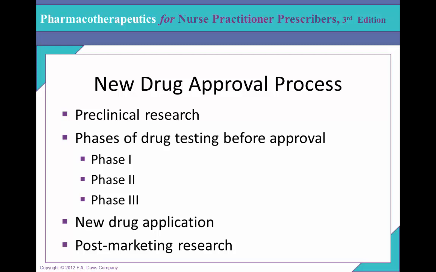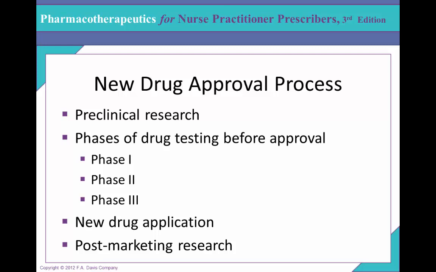If high levels of toxicity are expected, such as in many cancer drugs, patients with the target condition may be used in place of healthy volunteers. But the majority of phase 1 clinical trials are done in healthy volunteers. Again, it's to establish safety, toxicity, kinetics, adverse effects, and also the dosage of the drug.